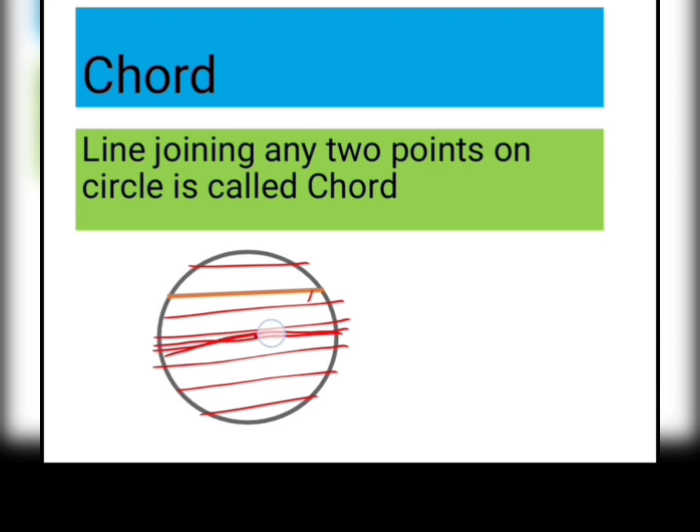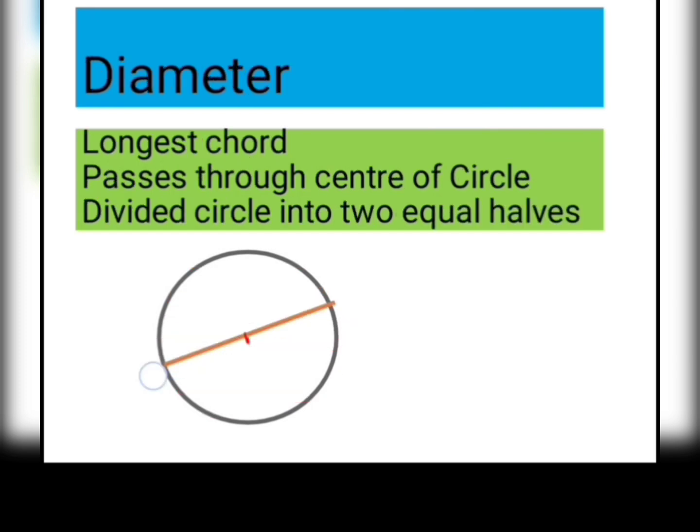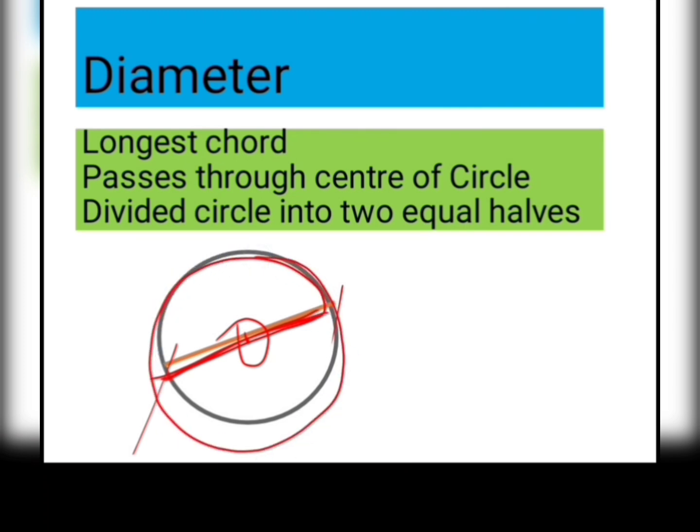The longest chord is the one which passes through the center of the circle, and this longest chord is known as diameter. This line which joins 2 points of the circle and passes through the center is the longest chord, and this is known as diameter of the circle.